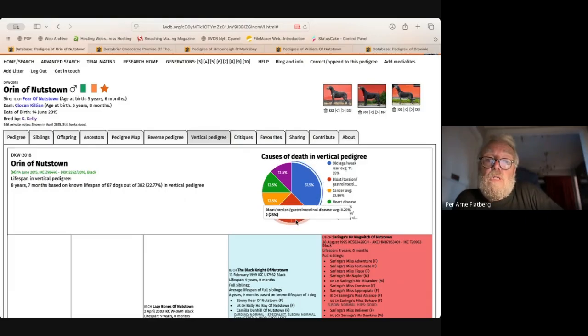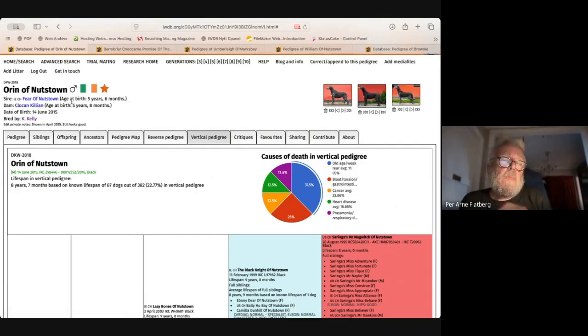And then they have bloat, where the average is 8%, and in this case 25%, but only from 2 dogs. So it's maybe not a risk factor, but it might be. So that's how I read and interpret these data.